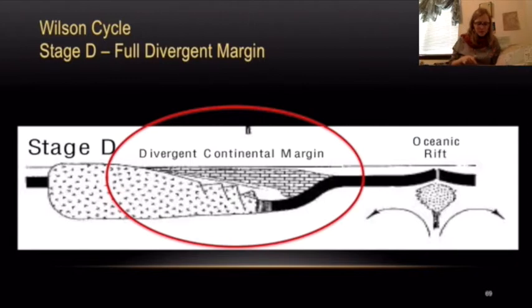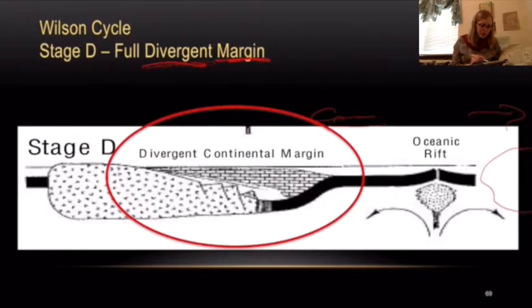Here we go. Stage D. Stage D is really simple. Full divergent margin. What do we mean by this? Divergent means that something has moved away from something else. It's an adjective describing something. So this area has diverged. It's moved away from the other piece of continental crust that was on the other side.